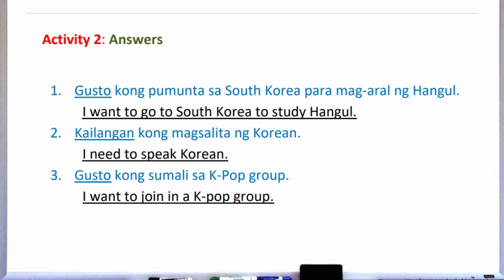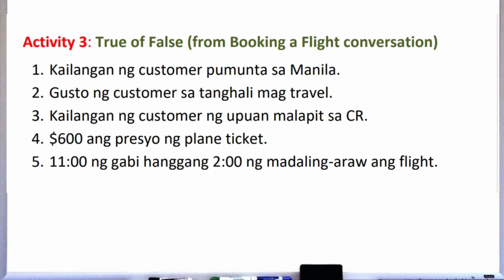Let's go to the next activity. For today's last activity, I am going to give you 5 sentences here, and you are going to identify if these sentences are true or false. Or in Tagalog, we say tama if the sentence is correct, and mali if the sentence is wrong. So we don't say true or false, but we say correct and wrong.